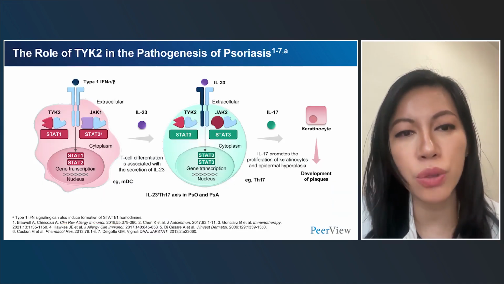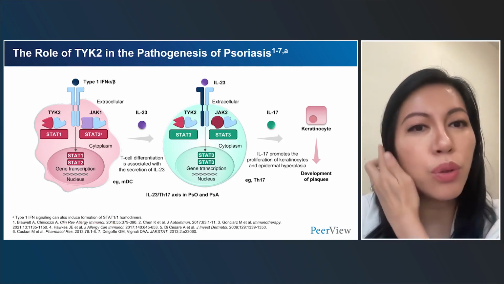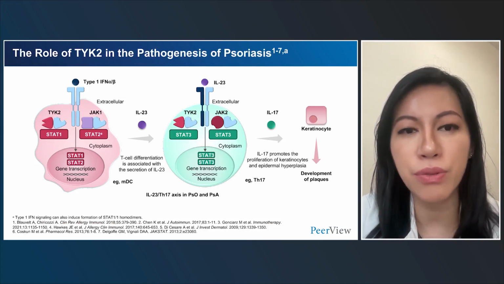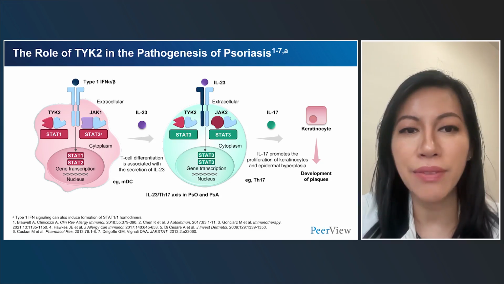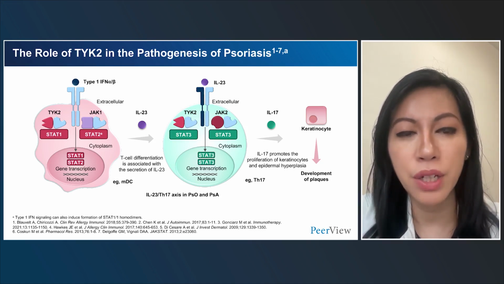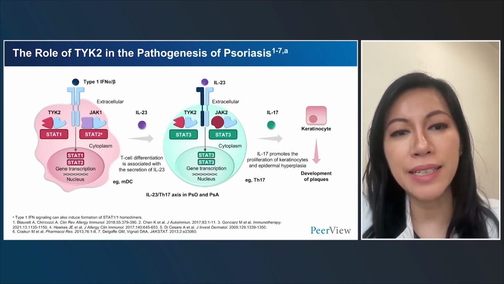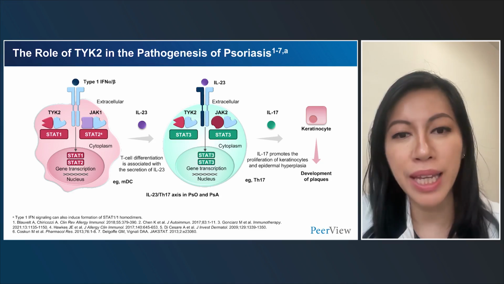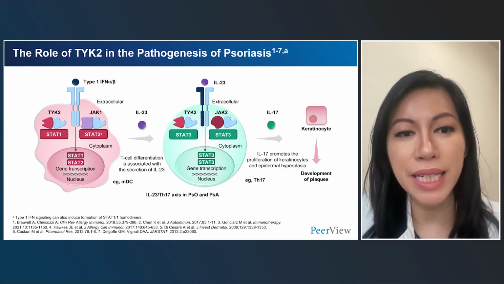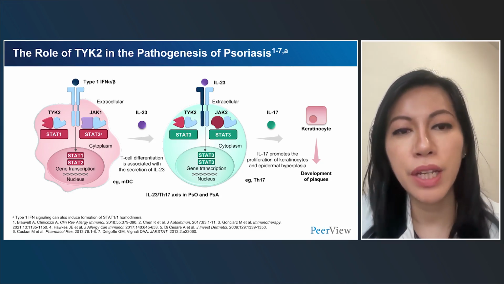Now let's take a closer look at the role of TYK2 in the pathogenesis of psoriasis. Here we have type 1 interferons, that's interferon alpha and beta, which are very important in the beginning of the pathway. And that particular pathway is mediated by TYK2 intracellularly.